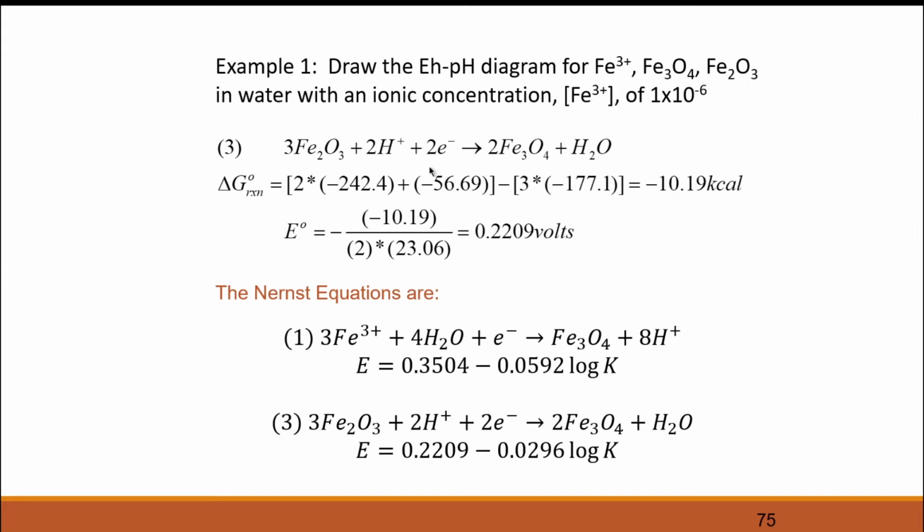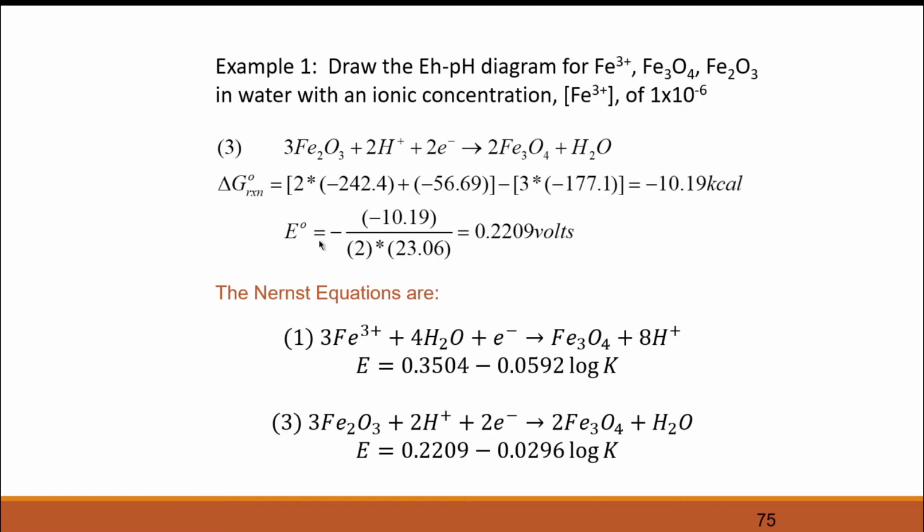So that's 2 times Fe3O4 plus the water, and this is just 1 mole, so 1 times negative 56.69 minus 3 times Fe₂O3, which is negative 177.1. Then again 0 for H plus, because it is the stable form of hydrogen in water. Okay, so this should give us negative 10.19 kilocals.